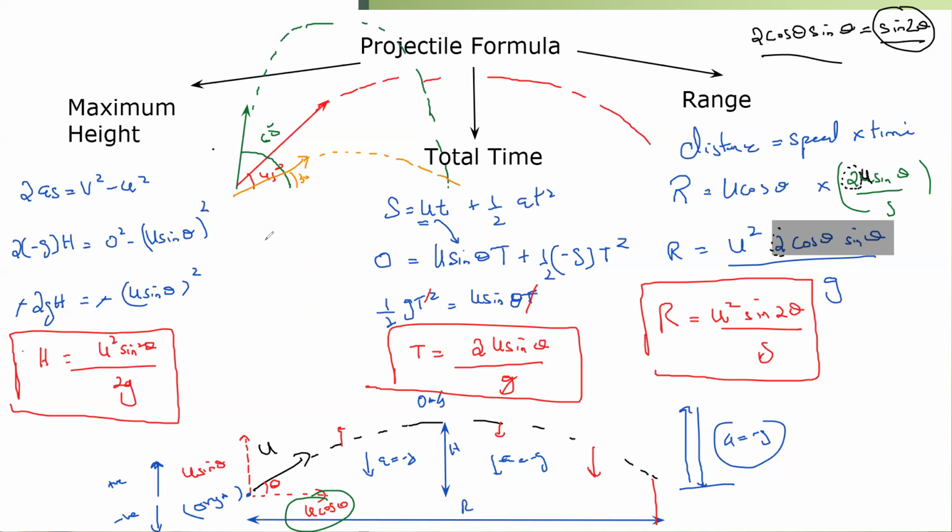If theta is 45, sine 2 theta means sine of 2 multiplied by 45 first, so this will become sine 90, and sine 90 is 1. So there's a big difference between sine 2 theta and 2 sine theta. These are the formulas for the projectile: the range, the total time, and the maximum height.